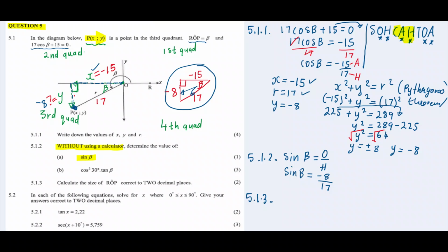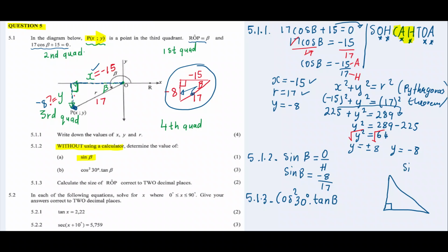So 5.1.3, they want us to determine the value of cos squared 30 degrees times tan beta, right? The 30 degrees and the 60 degrees are special angles, right? So we can quickly draw a special triangle here.